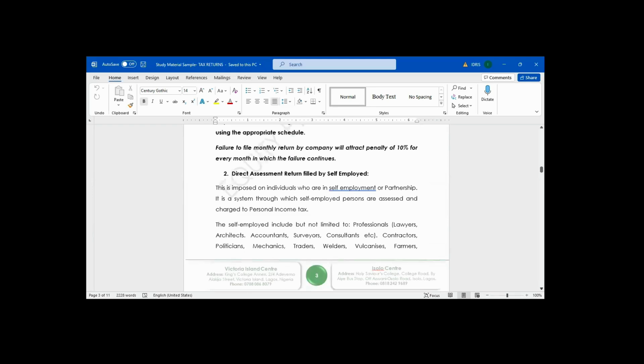They are the professionals or the traders, artisans, technicians, all those who are doing their job, who are self-employed, working on their own. They are the ones that file direct assessment. Sole trader, partnership, professionals like accountant, lawyer, etc. They file direct assessments.